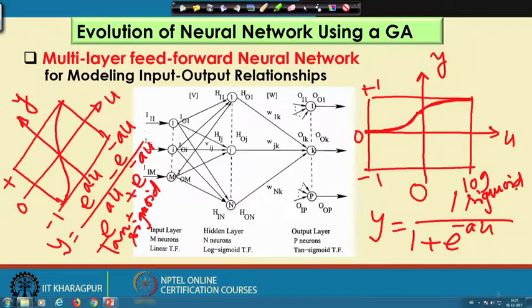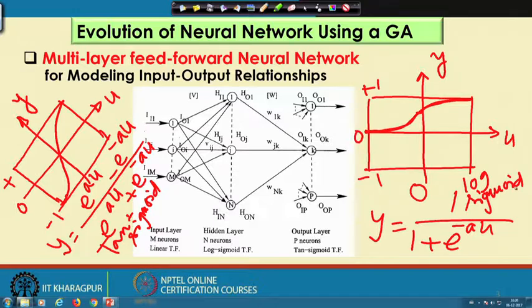Now, this transfer function is actually used just to find out the output corresponding to the input, and generally we use either linear or nonlinear transfer function. Now, if you see the literature, we use some other types of nonlinear transfer function. For example, we can use some sort of polynomial.